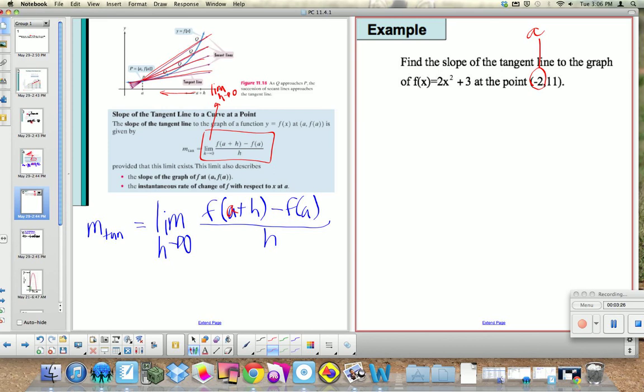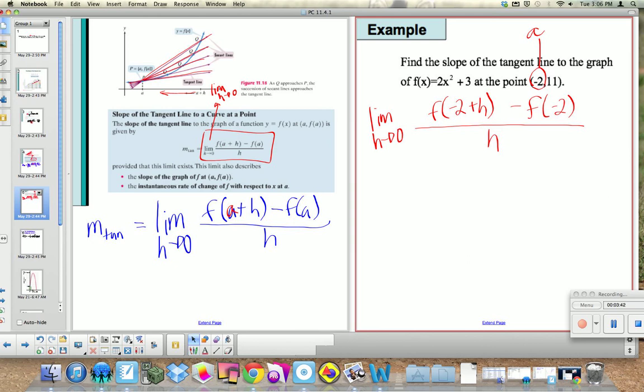We're going to find f of a plus h, so we're going to find f of negative 2 plus h, subtract f of negative 2, all over h, and we're going to find the limit as h approaches 0. That's my goal here. That is what the formula is asking me to find. The slope is found by finding that limit. So let's talk about finding this value first: f of negative 2 plus h.